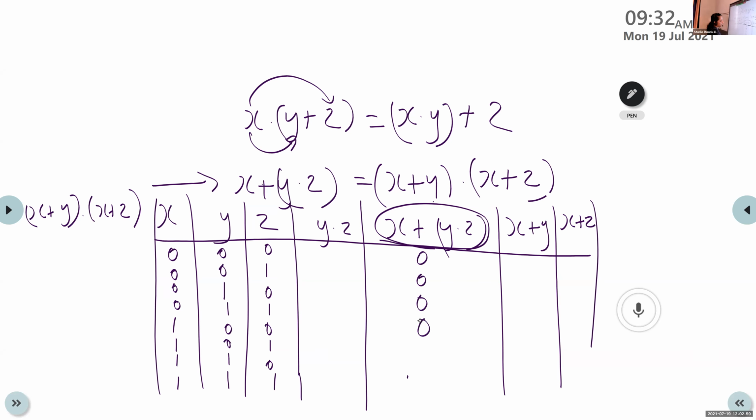Then 1, 1, 1. Read fast. 1, 1, 1. All 1. Is it correct, Joel?